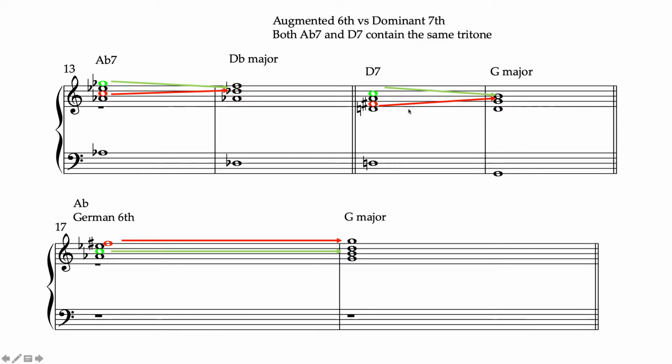So these two dominant 7th chords, this A flat 7 and this D7 chord, contain the same tritone. This is C to G flat or F sharp, and this is F sharp to C. Because the tritone is symmetrical, this tritone sounds exactly the same, or at least very, very similar within these two chords.